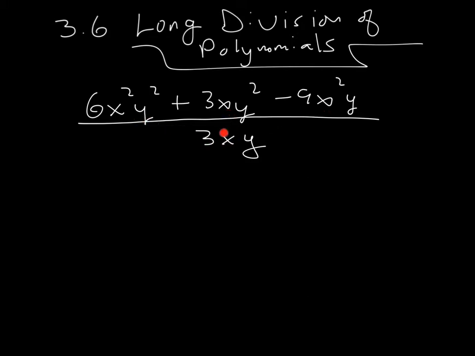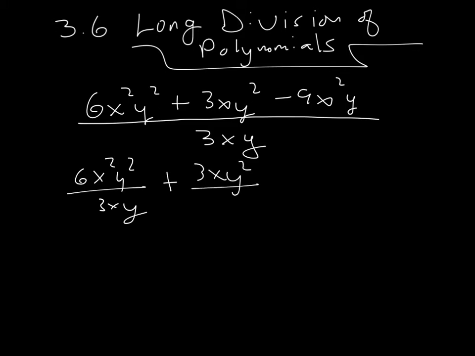To do this slowly the first time, we could write it out like this: 6x squared y squared over 3xy plus 3xy squared over 3xy minus 9x squared y over 3xy. Think of it as a distributive property, only it's division. We are distributing the 3xy here into all of those things because all of those things are being divided by 3xy. So each of them gets that division.